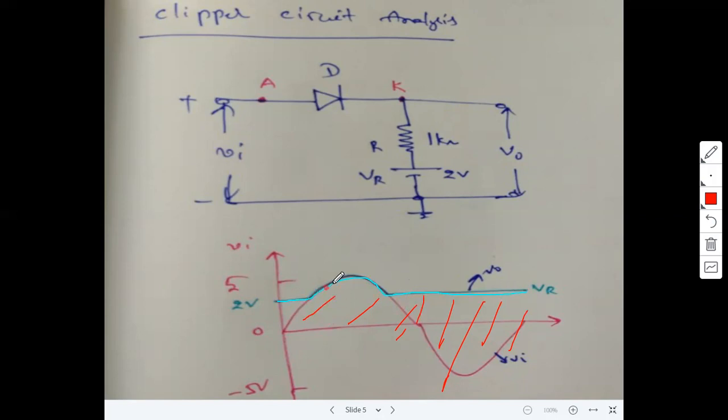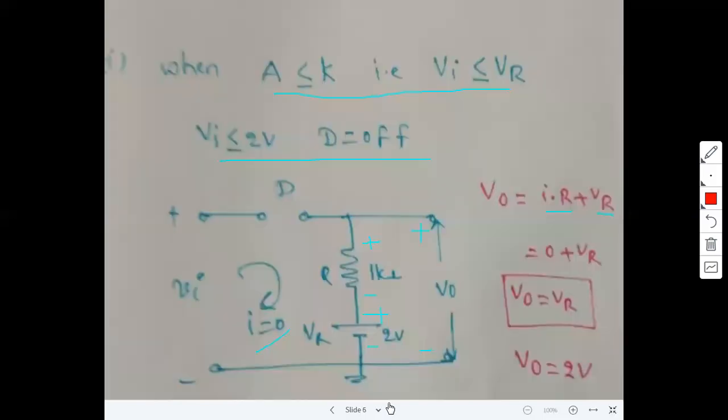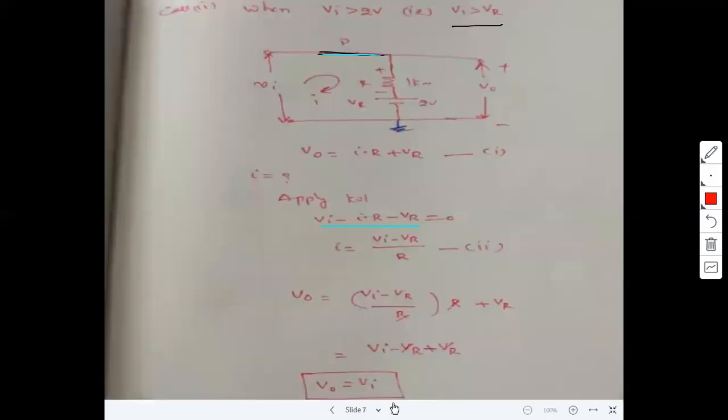The same clipper circuit is also called one that allows the input signal above the reference voltage, or clips off the input signal below it. For each and every clipper circuit, there are two names: one in terms of what is clipped off, and one in terms of what is transmitted. That is about simple clipper circuits.